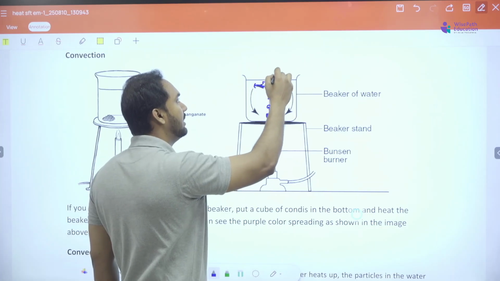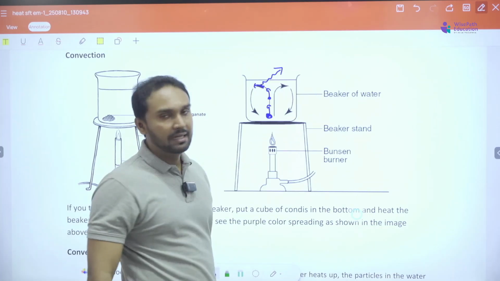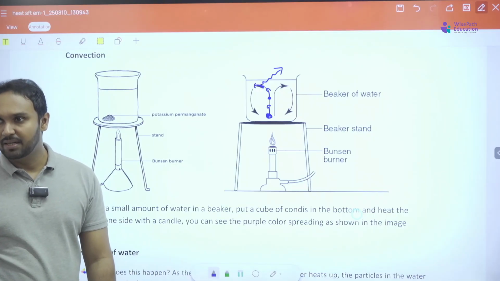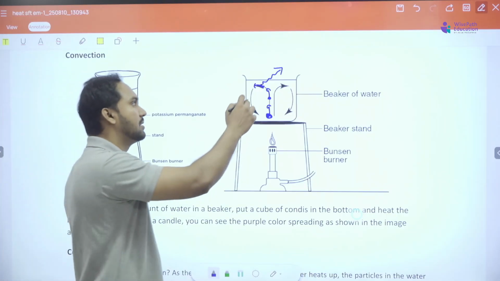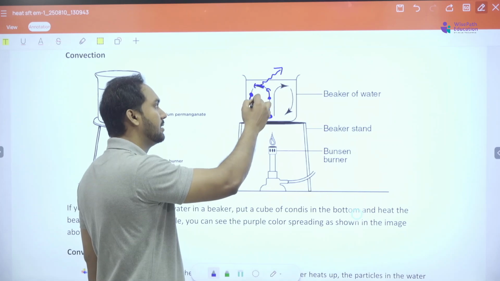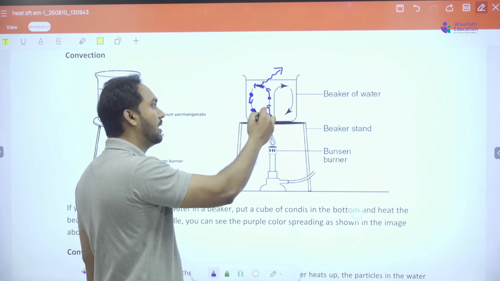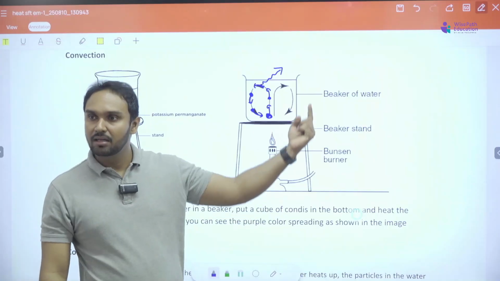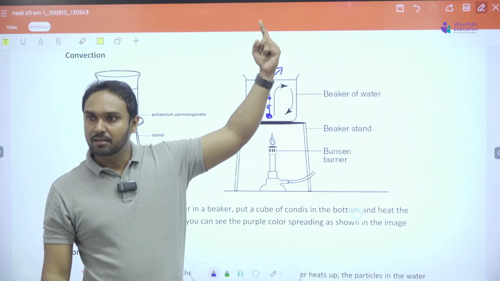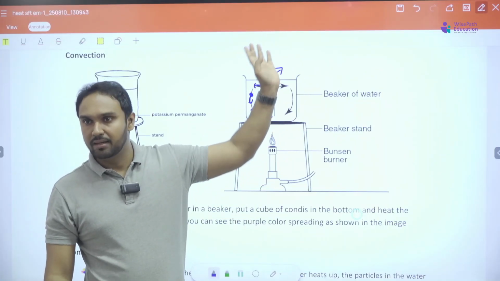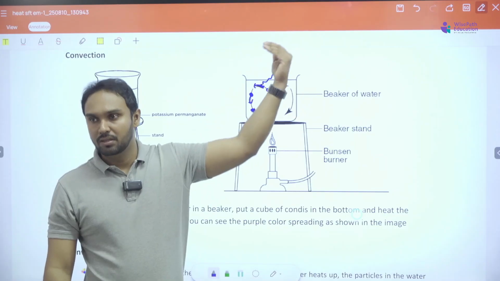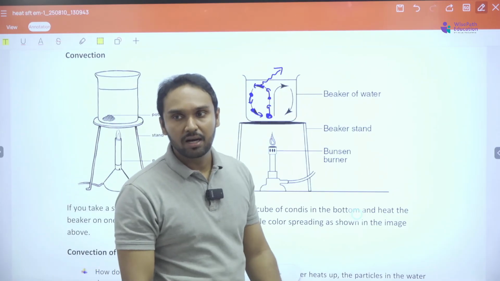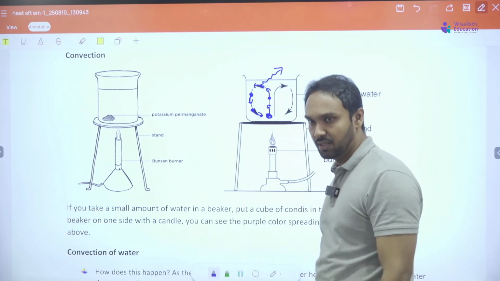When the heat is released, they lose the kinetic energy, they become neutral, and it comes back to the bottom. Again it absorbs the energy, goes to the top, releases the energy and comes back, right? You call this a convection current.